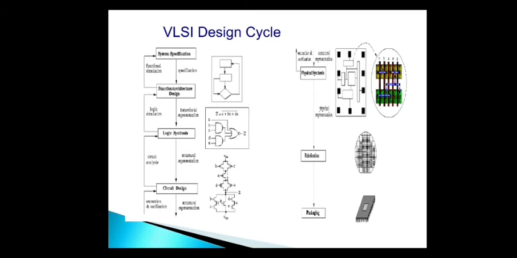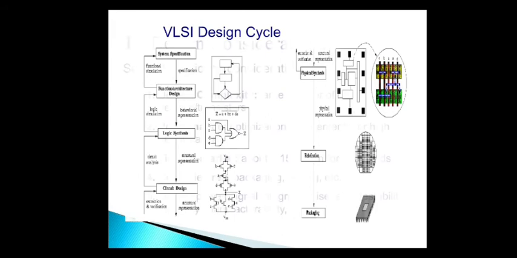If we have designed a physical representation of this circuit, it is called a layout. This layout is then fabricated on a single chip and forwarded to the packaging department. Now, from system specification to logic synthesis, it is the digital part, and from circuit designing to fabrication, it is the analog part of designing.